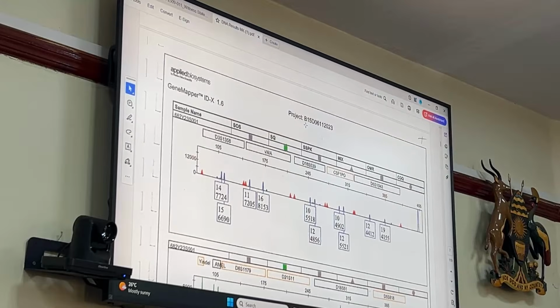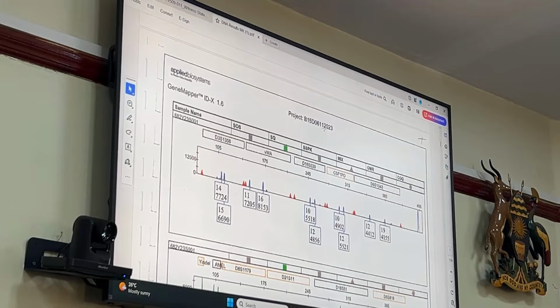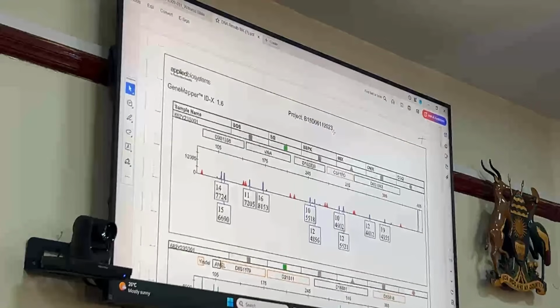In this instance, this project was labelled B15D06112023.